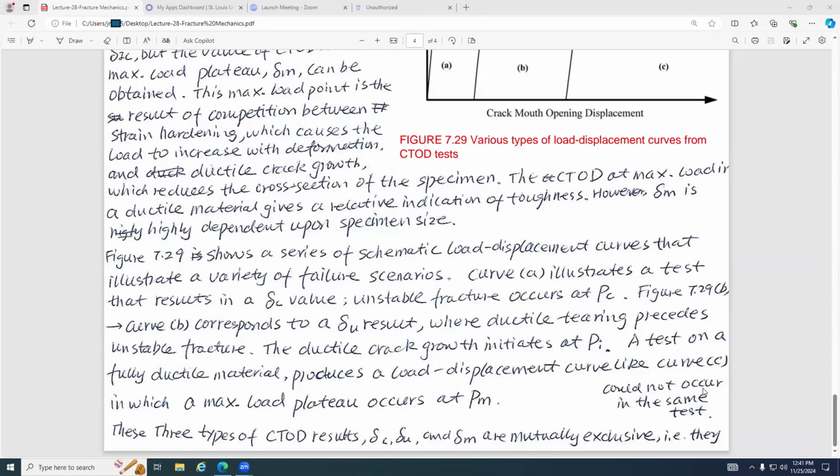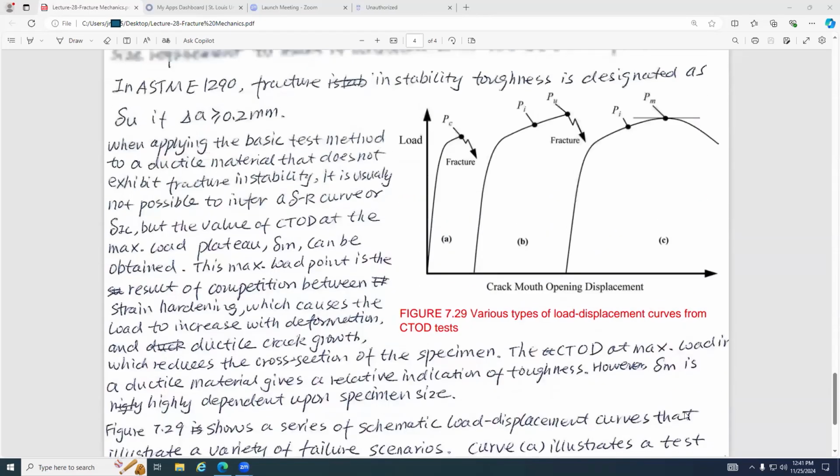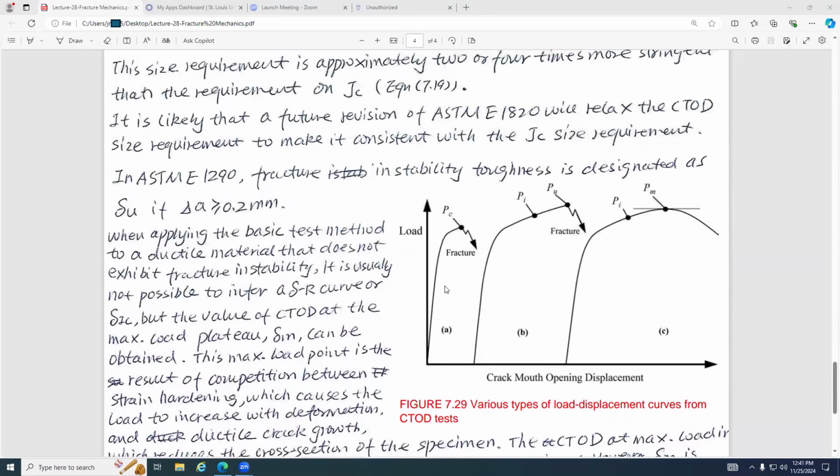That is, they cannot occur in the same test. So you can see any one of them, but you cannot see any combination of them, because these three case scenarios are competing with each other. They cannot coexist in the same test.